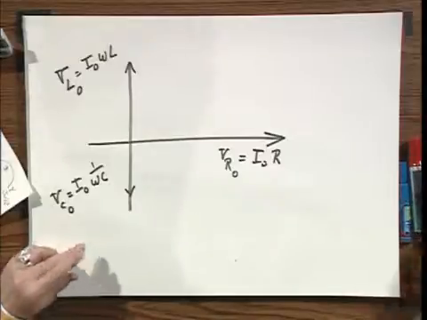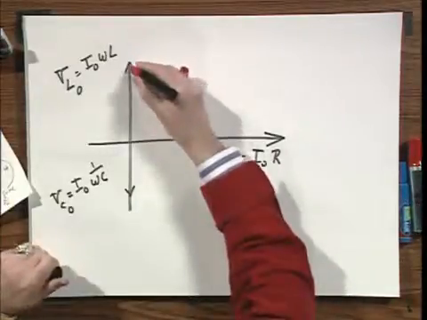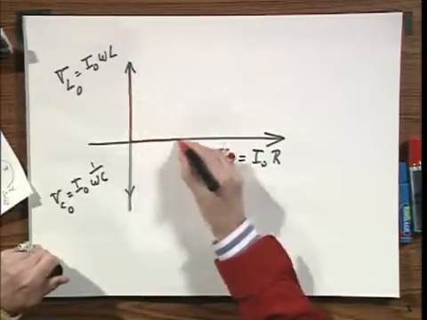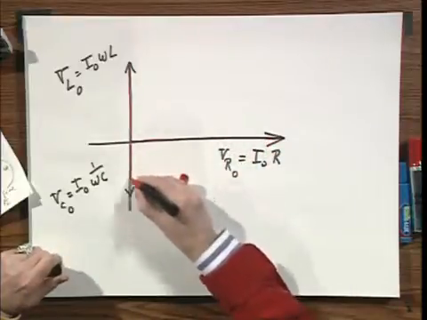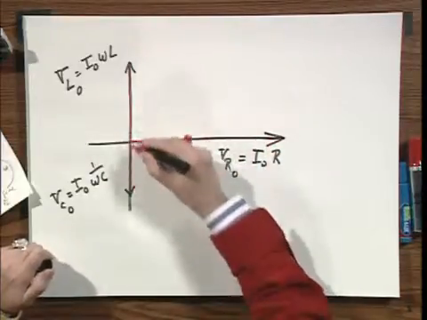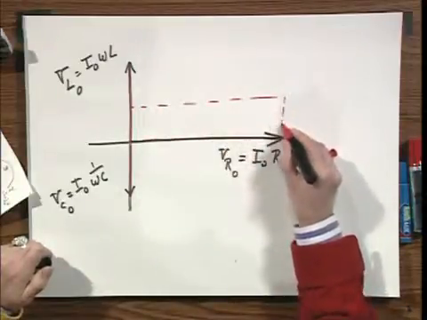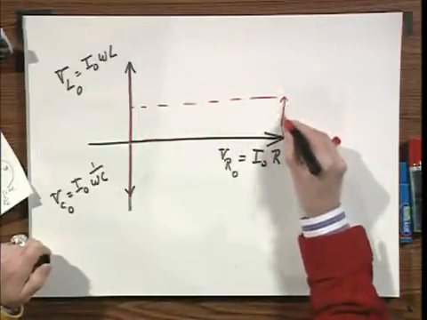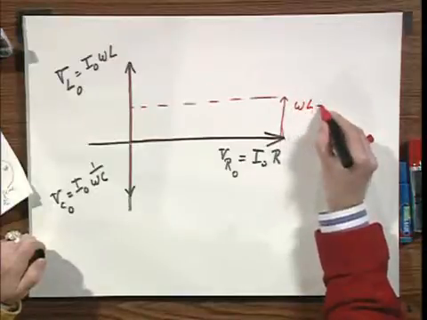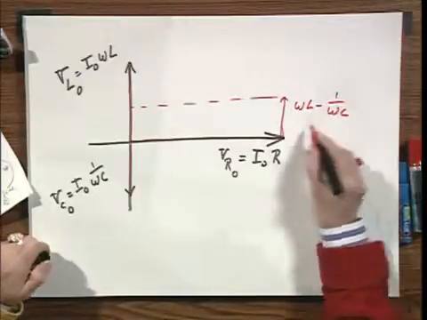I can now make a vector diagram. This is a vector, this is a vector, and this is a vector. I add first these two vectors up. That gives me here a vector omega L minus 1 over omega c.